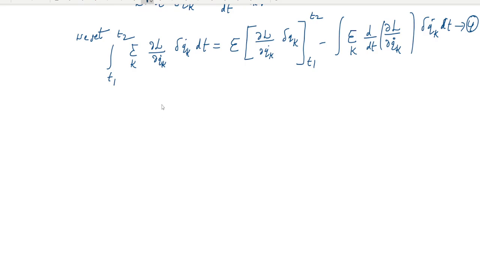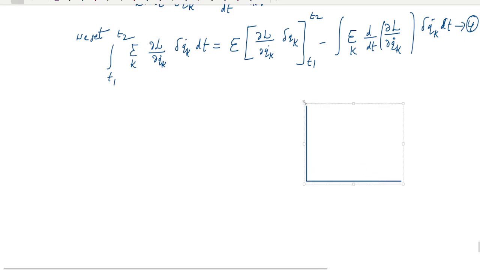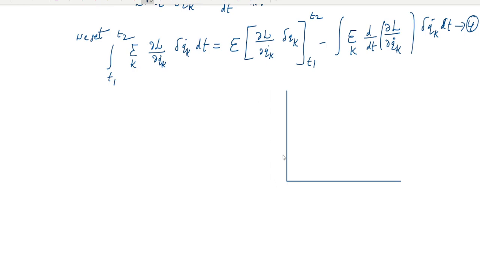Now I'm going to draw this diagram here, the situation. This one is the y-axis, this one is the x-axis. So this is time t. This one is our position, q dot.